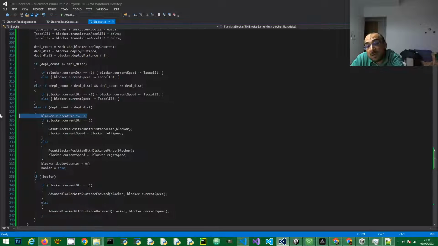So we must see here, we multiply it by -1, and now if our current direction is positive, that means we have changed our movement from right to left to a movement from left to right, and vice versa. So we must reset position with distance lost.